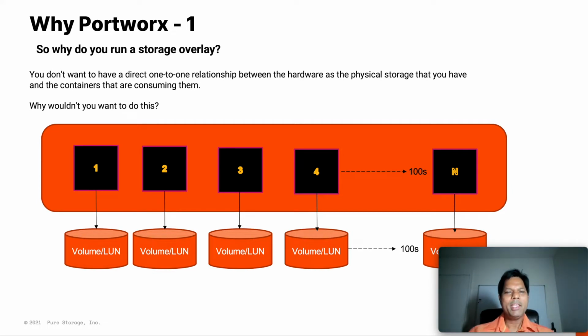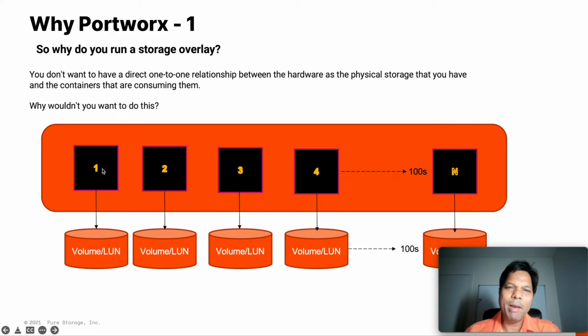In this picture, if we want to run a pod or multiple pods on a particular node, this orange one is a node, and suppose I want to run multiple pods here, and these are stateful applications.